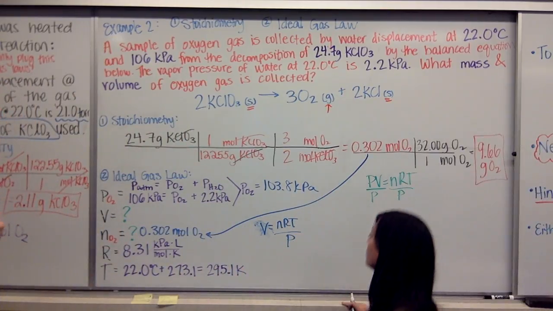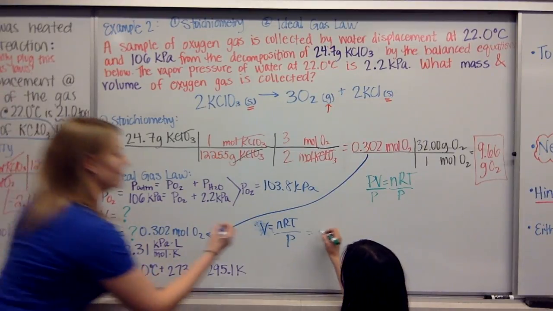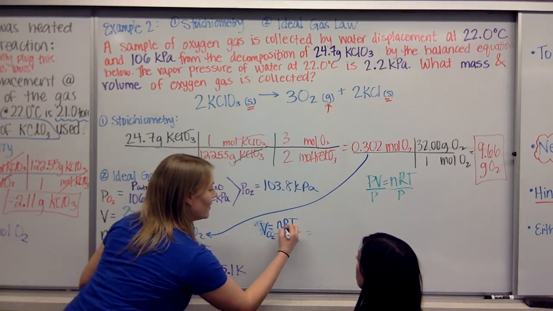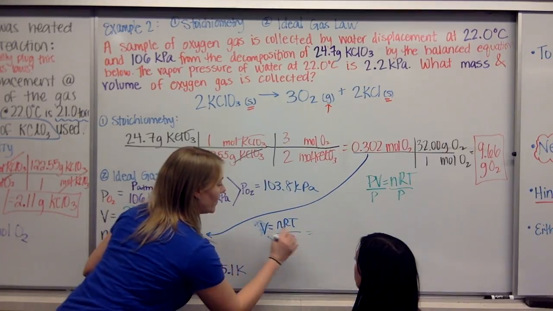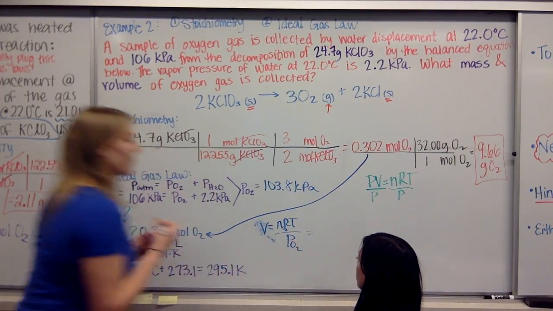All right? Now, our number of moles, V of oxygen, this is V of everything, but n of oxygen, P of oxygen. Okay.